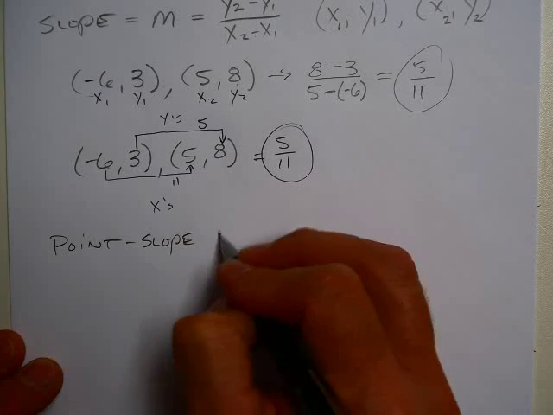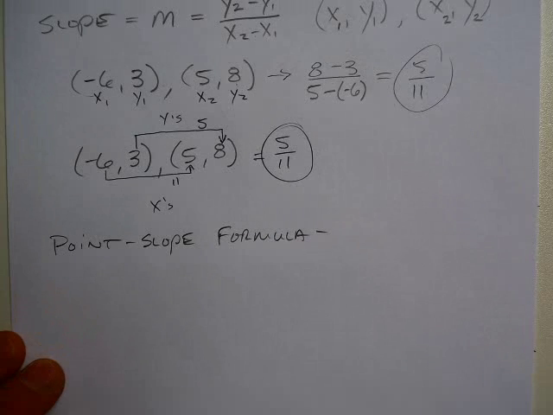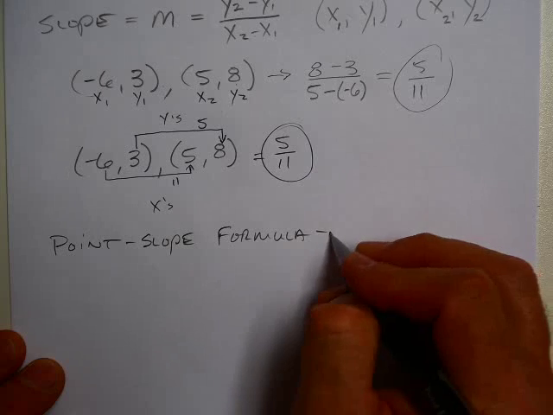Point slope formula. We use this when we know a point on a line and a slope.